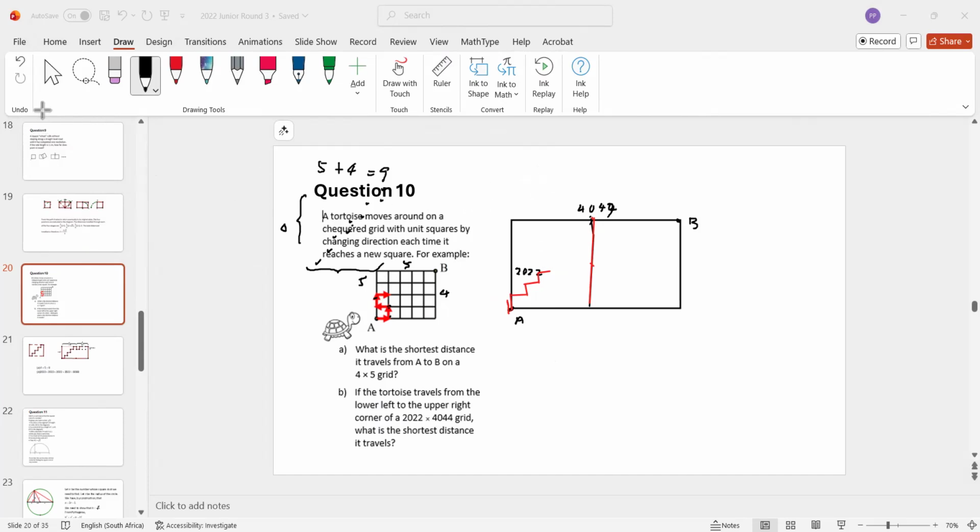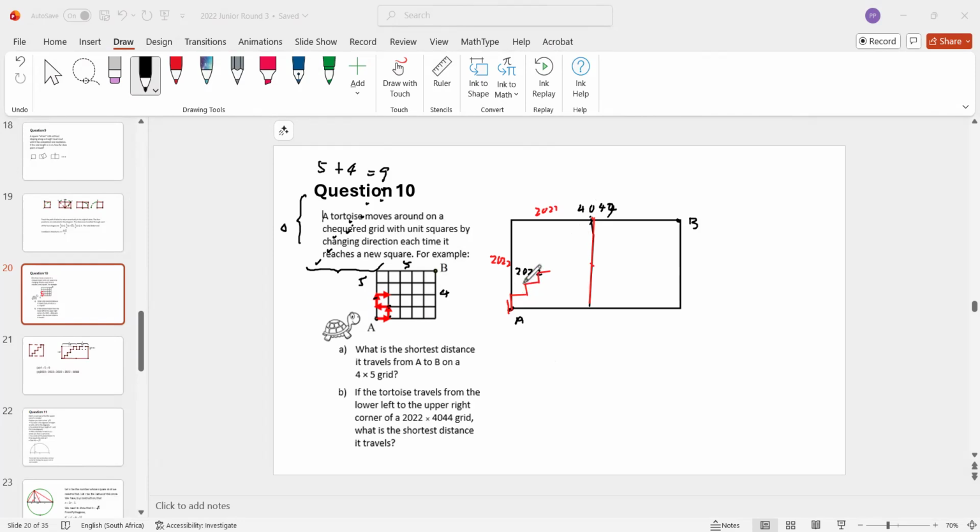So you're going up 2022 verticals and 2022 horizontals. You just add all the horizontals and all the verticals.